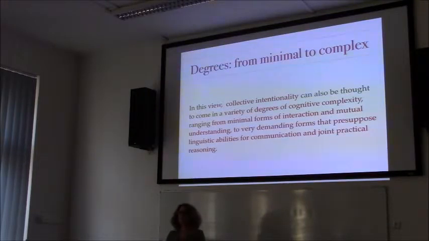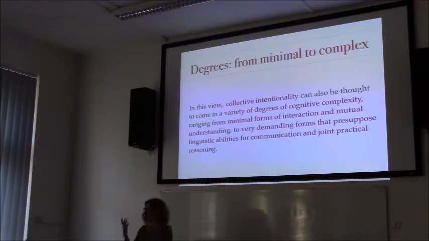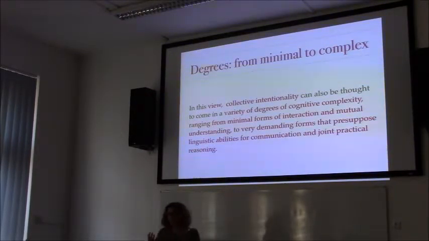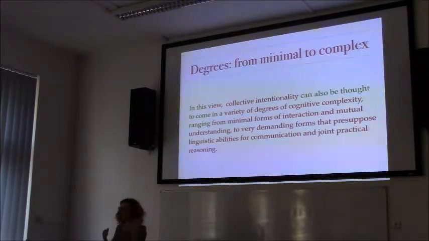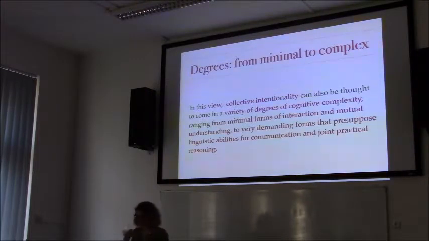now here comes another interesting feature. It's not only the case that the genus comes in species, but that the species require different kinds of cognitive sophistication. So we can place and understand them in terms of the varieties of degrees of cognitive complexity that are required to engage in these kinds of actions.